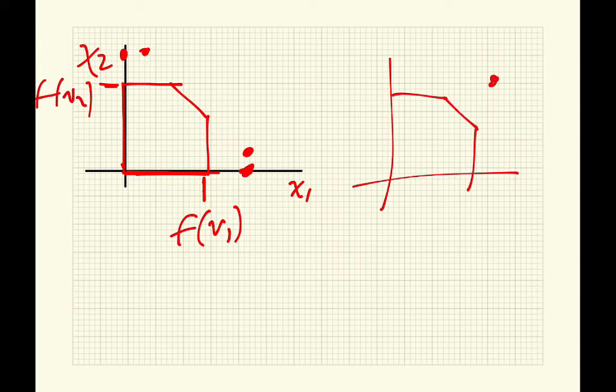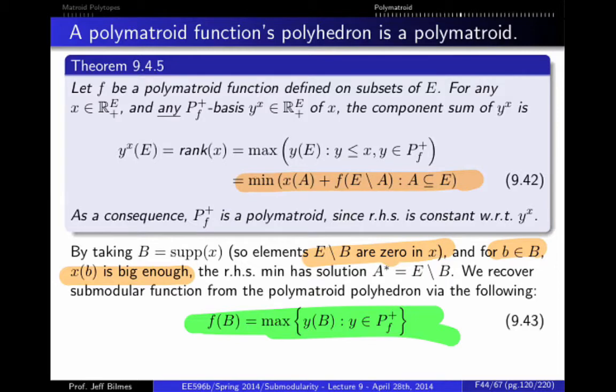If we choose it, say, here, we're going to get a p-basis there, which is going to be f of v1 and v2. So I've recovered all of the non-zero valuations of the polymatroid function from equation 9.43.